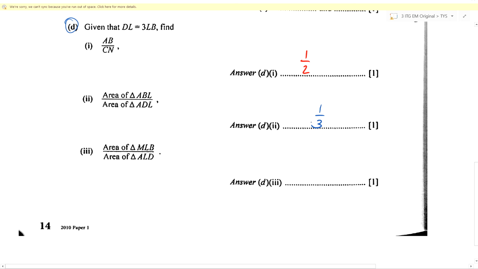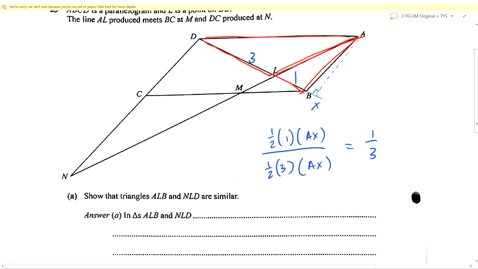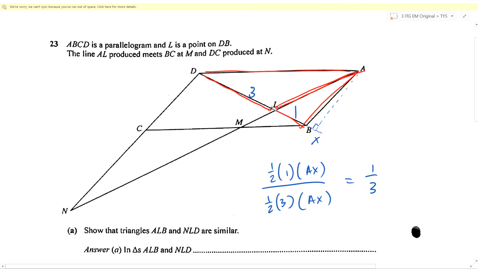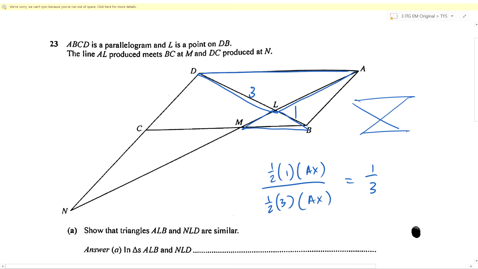The final question, MLB over ALD. We mentioned that these two triangles are similar at the start. As long as you see the shape with parallel lines, confirm similar triangles already: opposite angles as well as alternate angles.